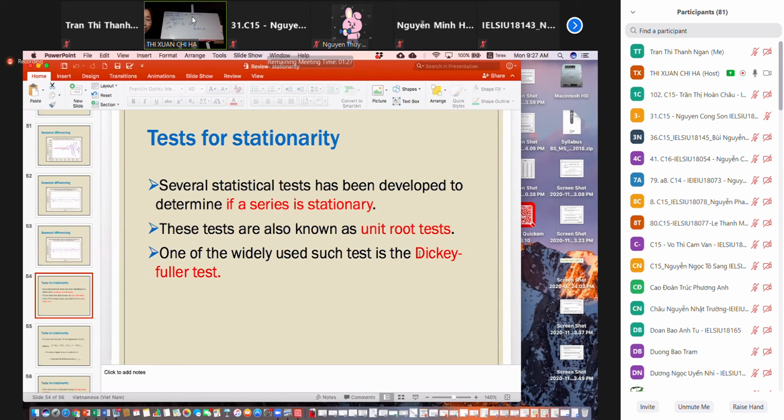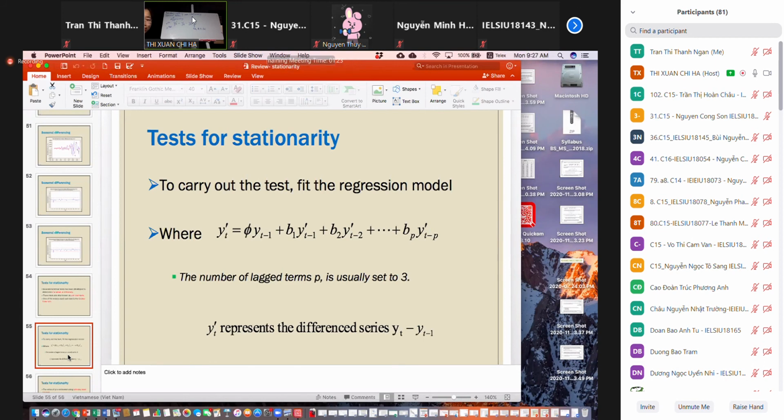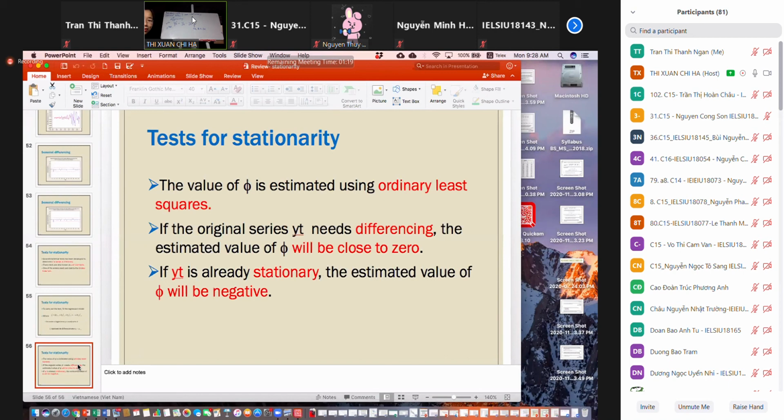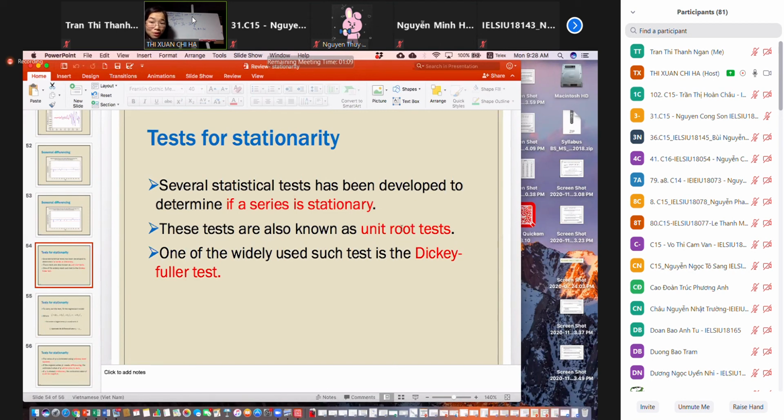So we have the Dickey-Fuller test. In here, the easy way, we have the unit root test and the Dickey-Fuller test.